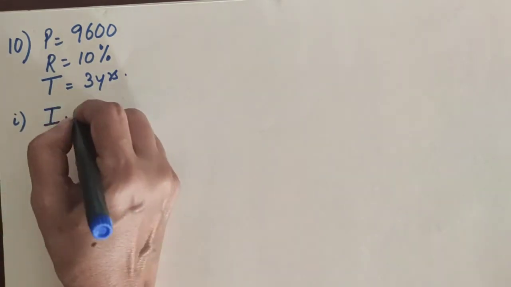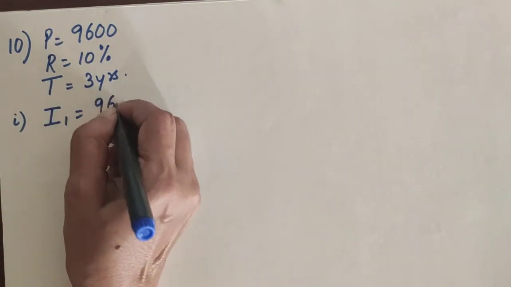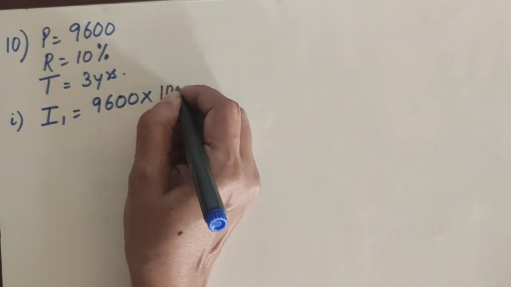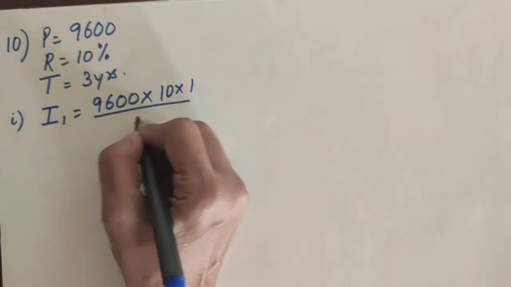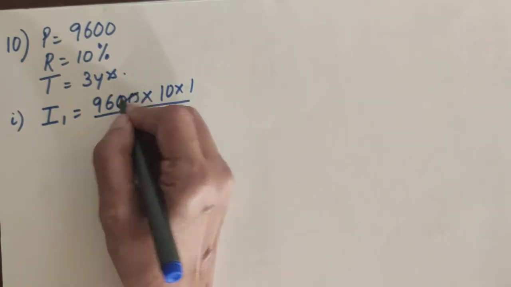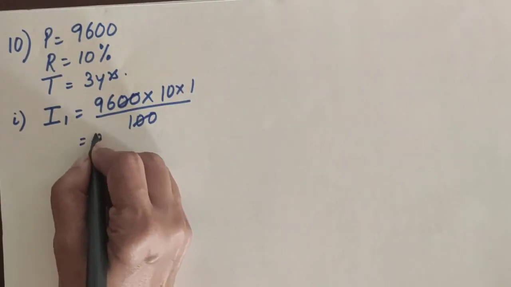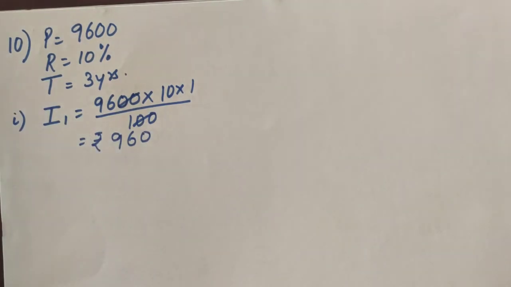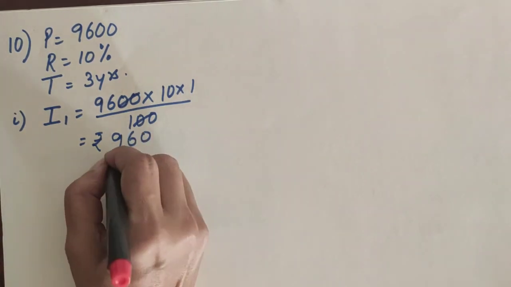Simple interest for the first year is principal, which is 9,600, into R into T upon 100. Gets cancelled. So 960 rupees. This is your first answer.